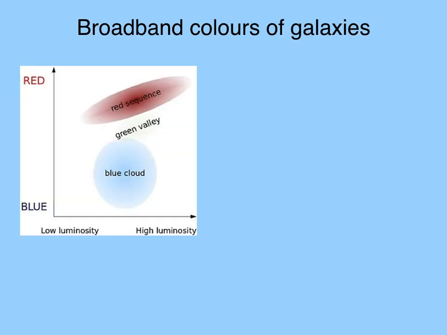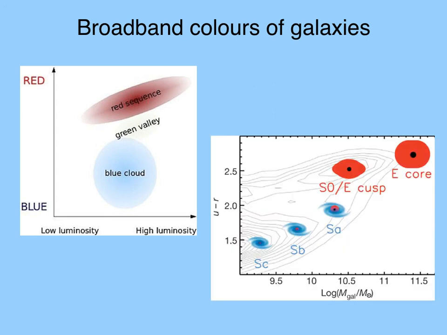Now, coming to other properties of galaxies beyond morphology and luminosity, which is also synonymous with mass, galaxies can be classified on the basis of their color. In particular, the two-dimensional distribution in the color magnitude plane is used widely by astronomers. What you see on the plot on the right here is a distribution of the U minus R optical color of galaxies as a function of their stellar mass.